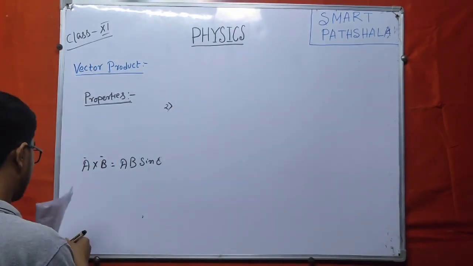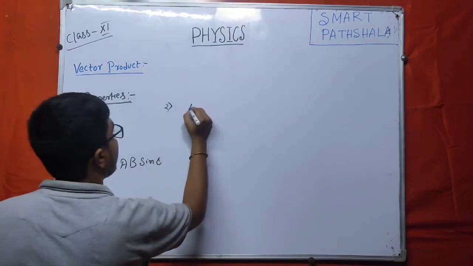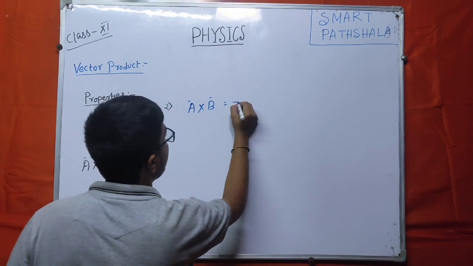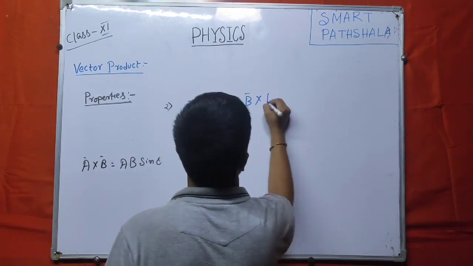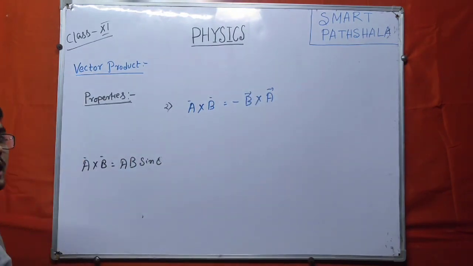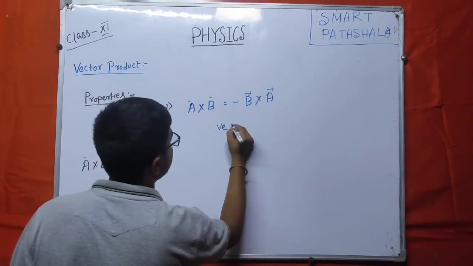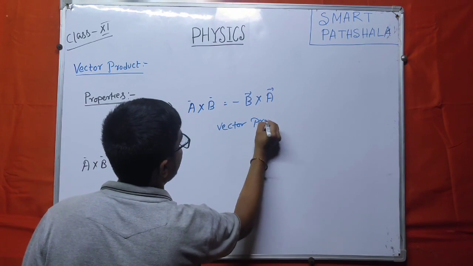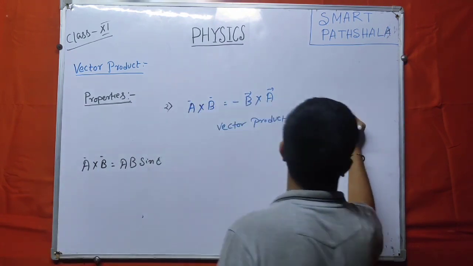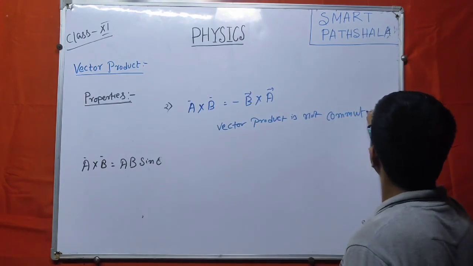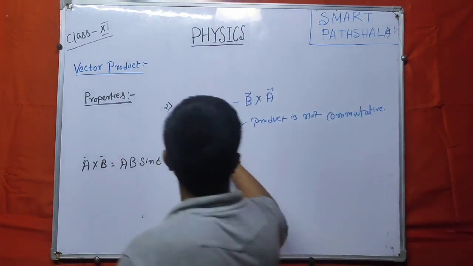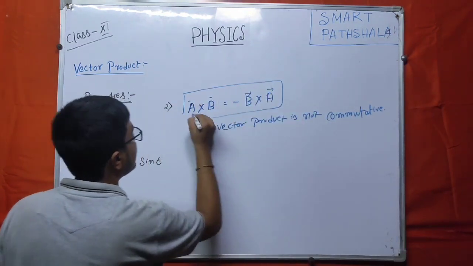Now the second property. What is the second property? A cross b is equal to minus b cross a. That is, the vector product is not commutative. What does this mean?